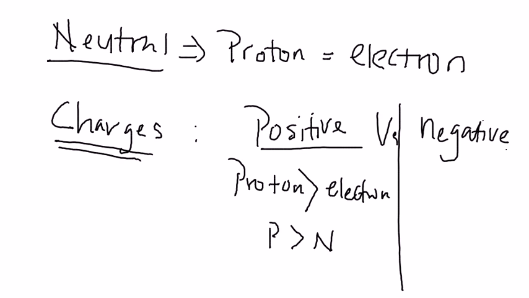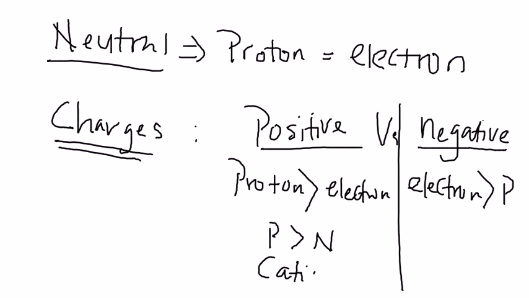So we are talking about an atom that is not neutral anymore. And for an atom that has a negative charge, the number of electrons is more than protons. We call the positive charge atom by a specific name, cation.